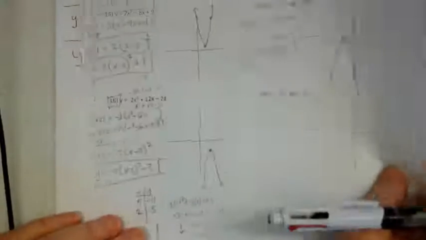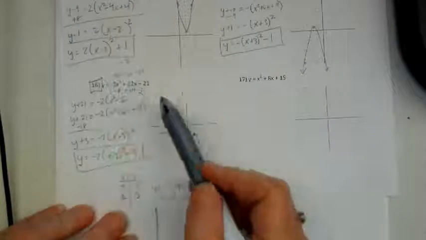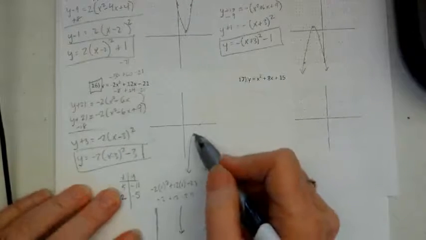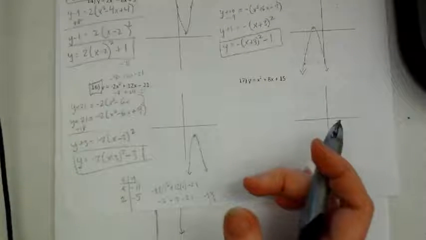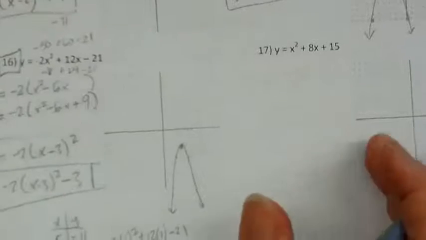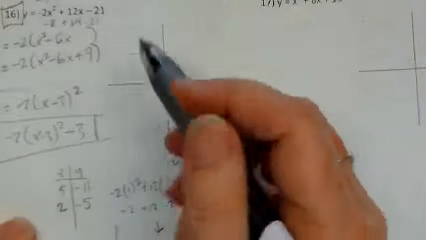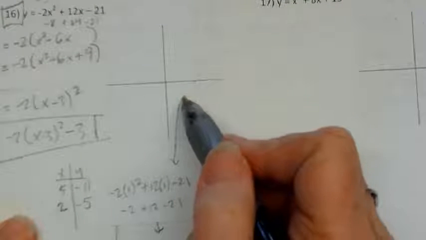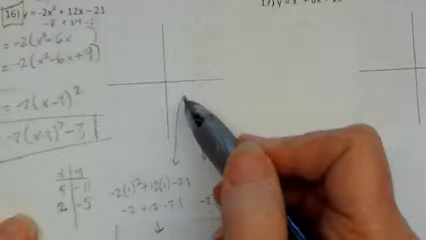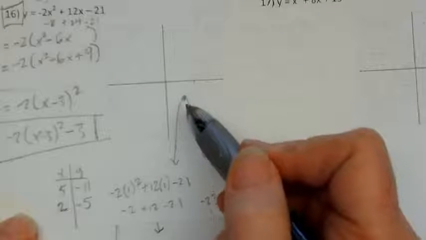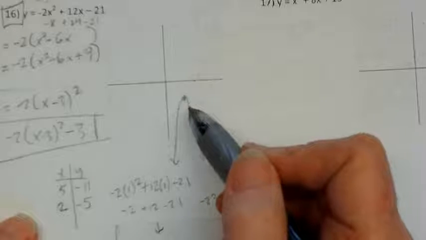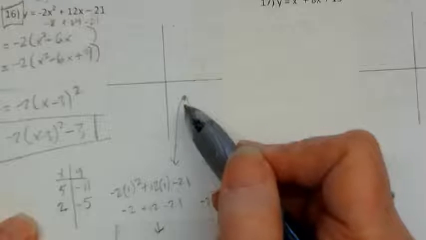So on your packet, here's all my work that I did again, if you're interested in that. I found 3 comma negative 3, and then I know that it doesn't really have a slope of negative 2, but the very first points to the right and left of the vertex are going to go down 2 over 1.